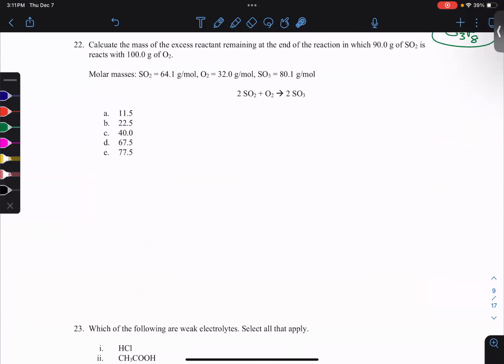Was this one asked? Probably. Okay. Calculate the mass of the excess reactant remaining at the end of this reaction when 90 grams of SO2 reacts with 100 grams of O2. Okay, so this is the strategy.